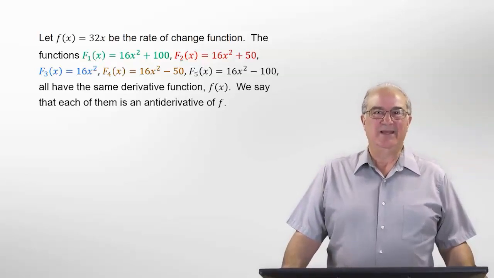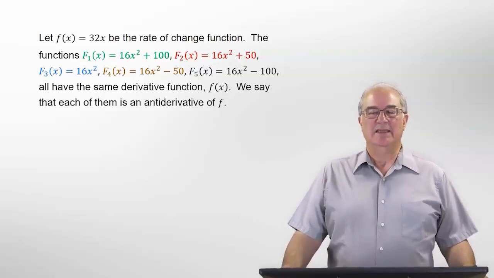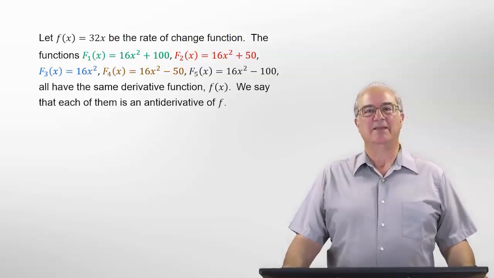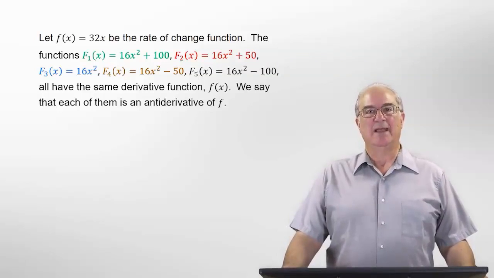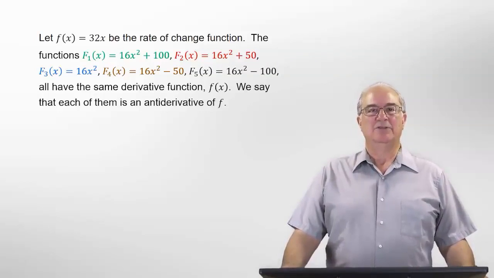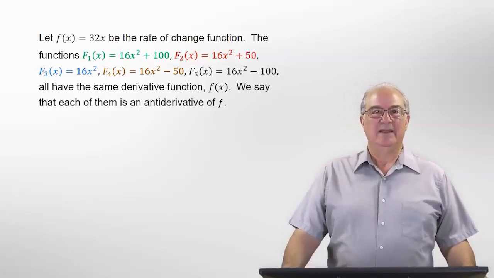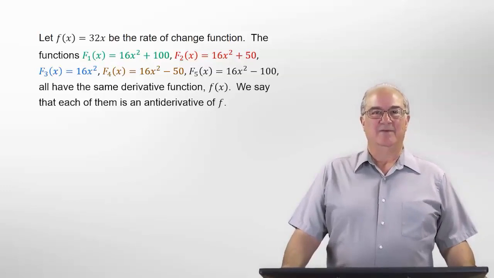This is pretty natural because lowercase f is the derivative of any of these functions labeled with the colors and with the names capital F1 through capital F5. So little f is the derivative of big F. Then one would naturally name big F an antiderivative of little f.